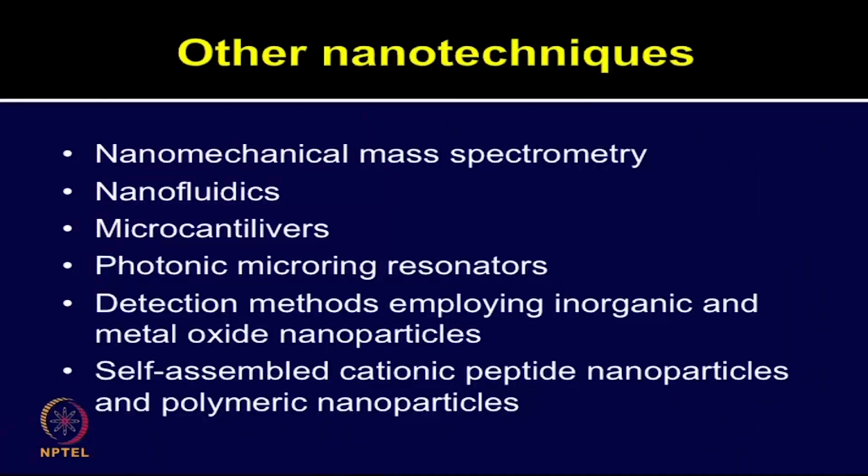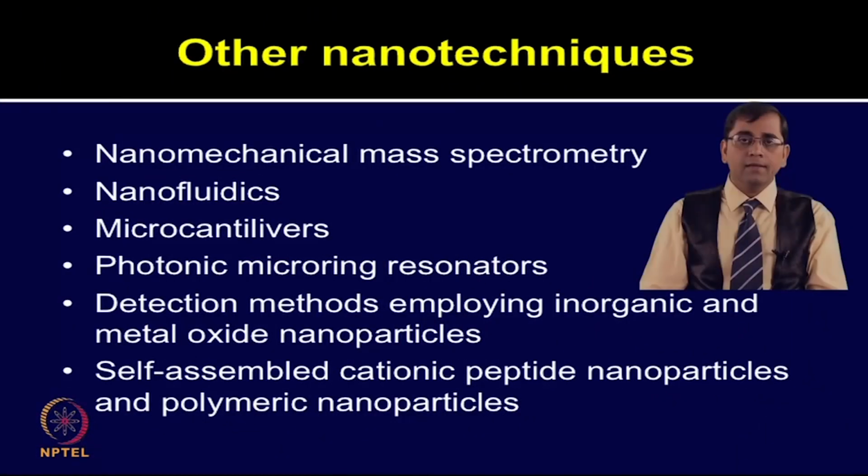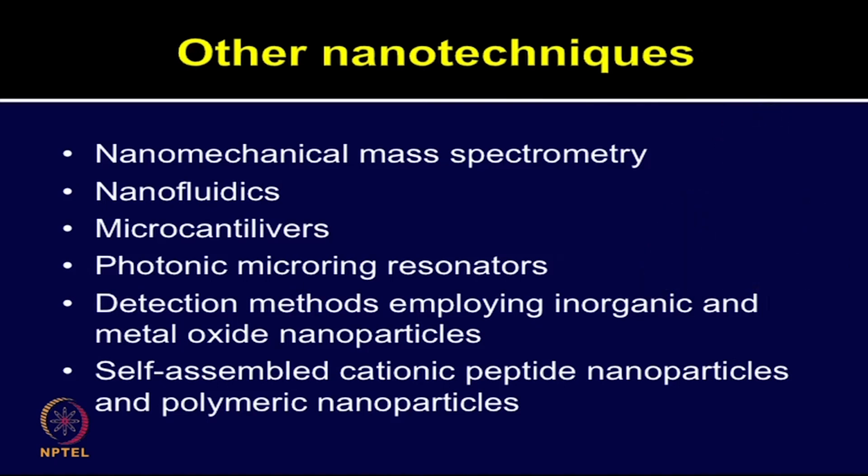Some of these nanotechniques involve nanomechanical mass spectrometry, nanofluidics, microcantilevers, and photonic microring resonators. Various types of detection methods also employ inorganic and metal oxide nanoparticles, self-assembled cationic peptide nanoparticles and polymeric nanoparticles.